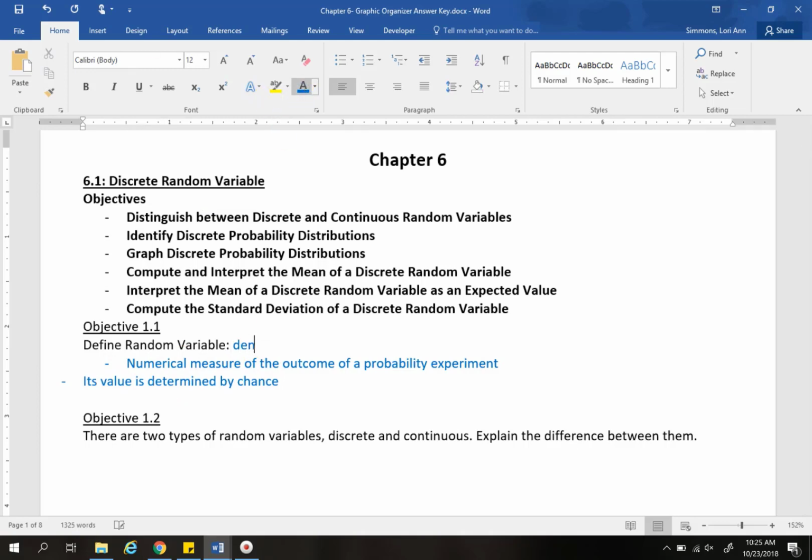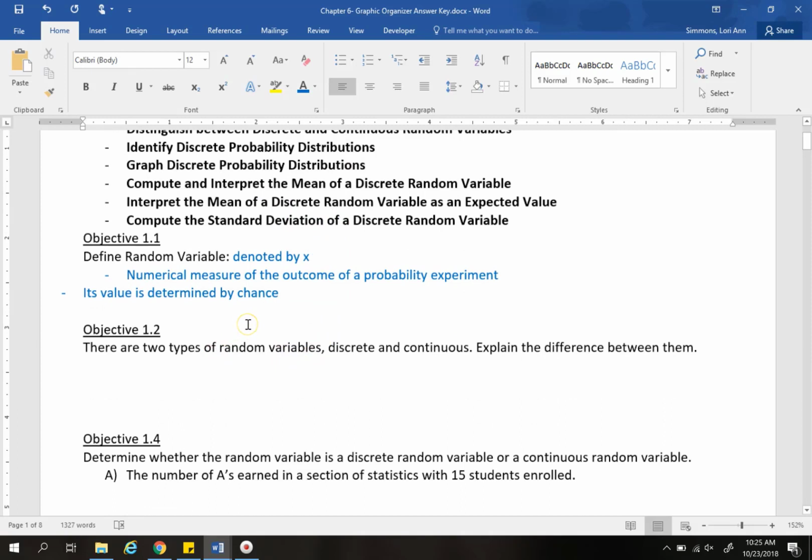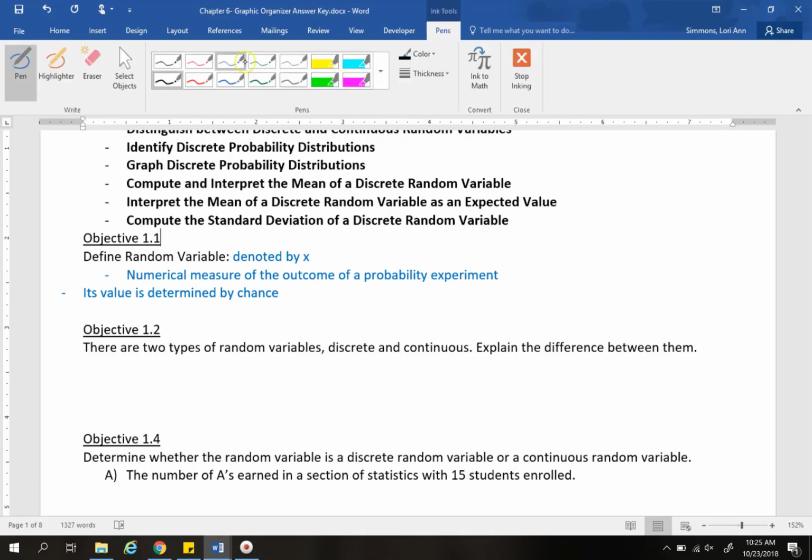It is denoted by X. So we have seen in chapter 5 the probability of getting a 6 or a 7 or an 8. Here we're going to denote it as the probability of X is greater than or equal to 6. X is going to be, as we just learned, the random variable.